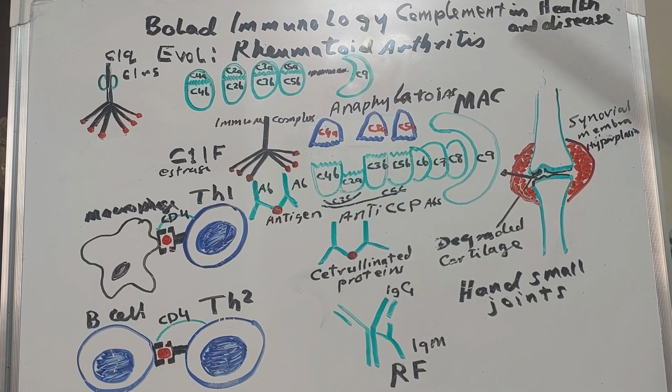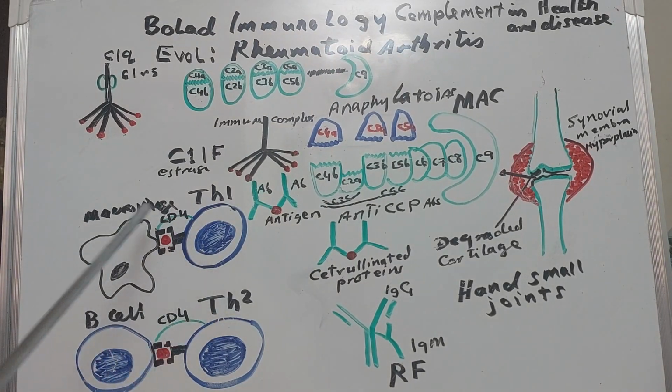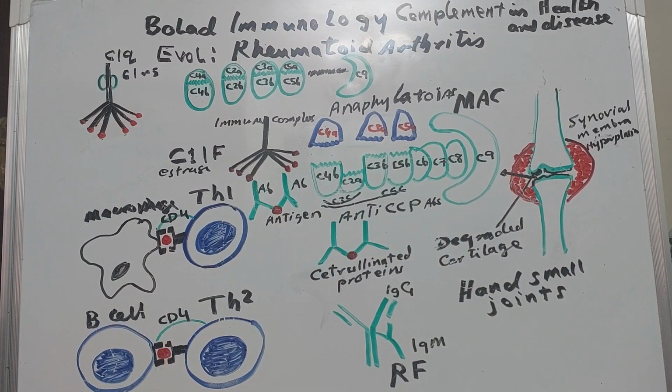However, when these cells enter the joint and die by apoptosis, the apoptotic and necrotic cells cannot be removed due to absence of that subset of macrophages. And during apoptosis, there is formation of some proteins known as citrullinated proteins.